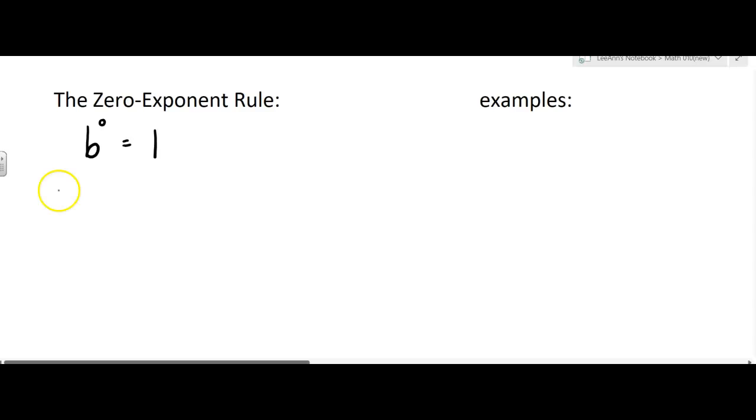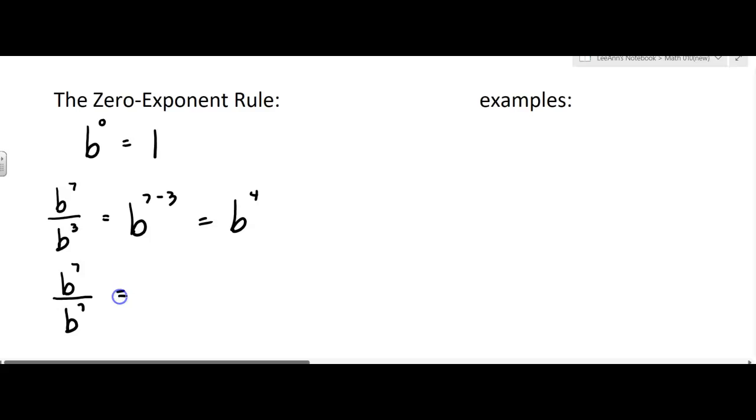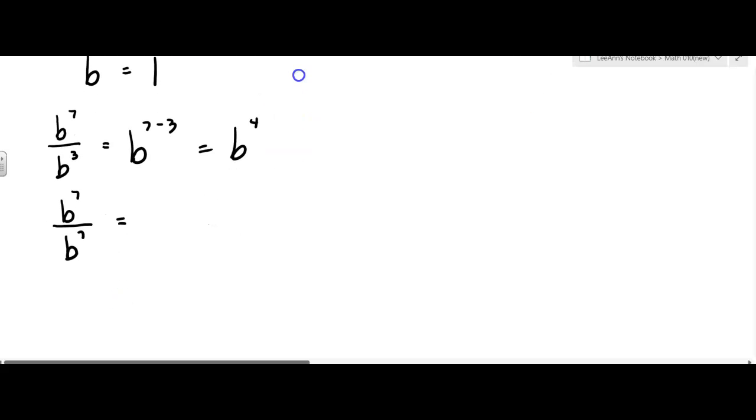But think of it this way. Remember a minute ago we had b to the 7th over b cubed, or something like that. And so we said, oh, okay, we subtract the exponents, and we get b to the 4th, right? Well, what happens if you have b to the 7th divided by b to the 7th? Well, a long time ago, hopefully somebody taught you that that's 1, right?